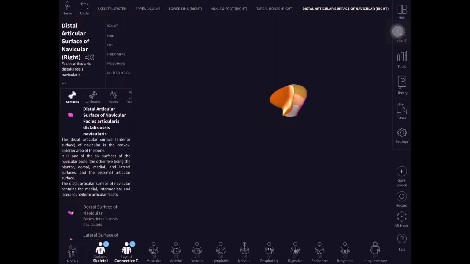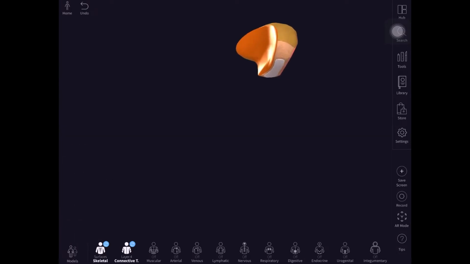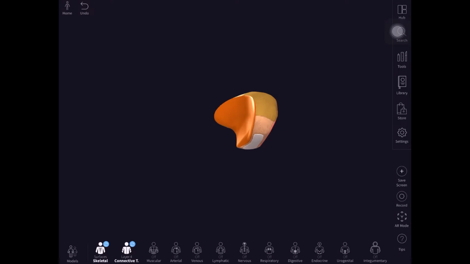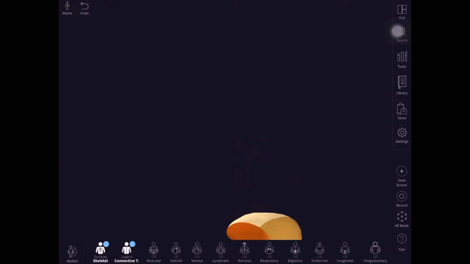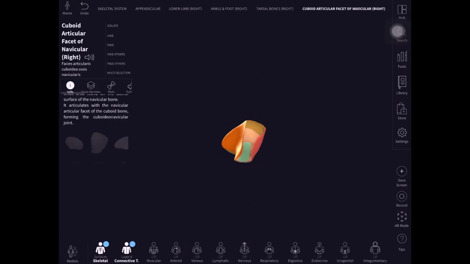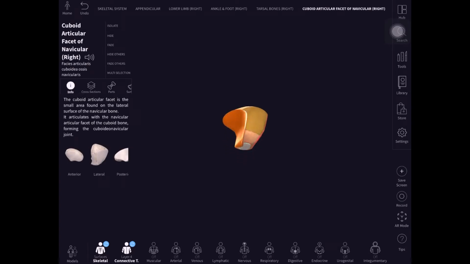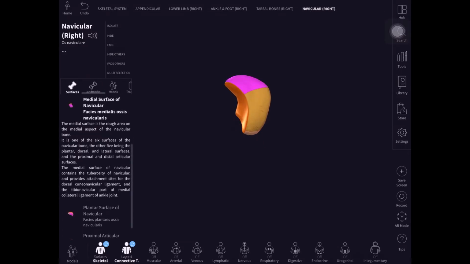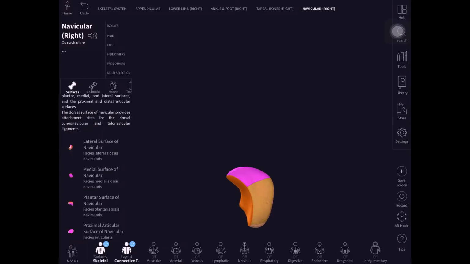The orange color here is the distal or anterior surface. Now pink, this surface is the proximal or posterior surface. Now this surface is the lateral surface, and this surface is the medial surface.